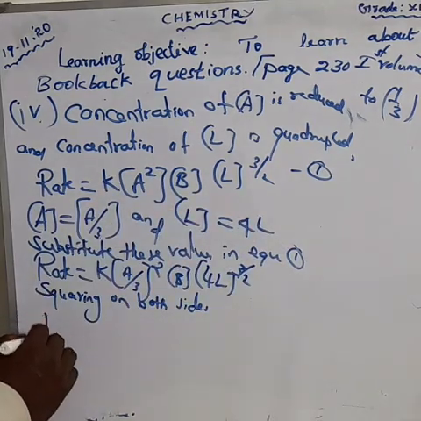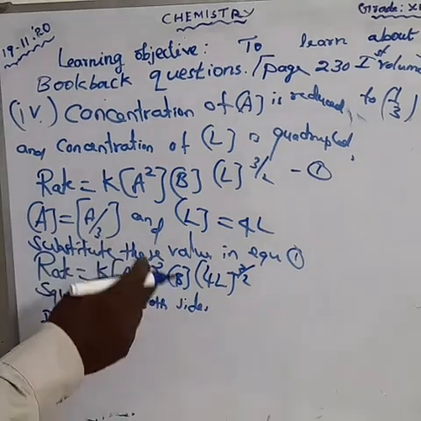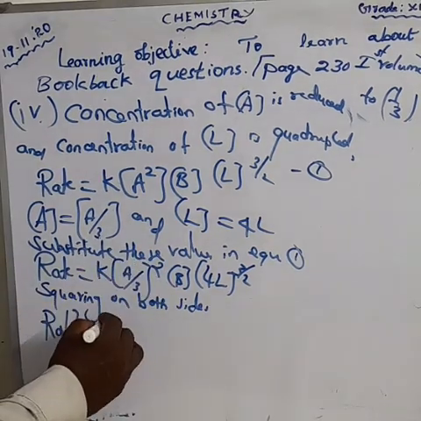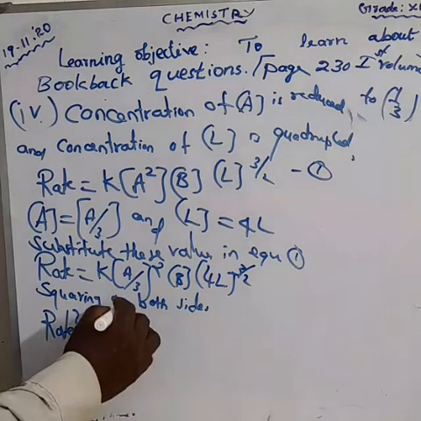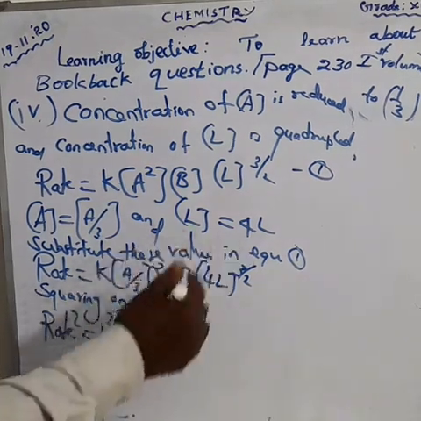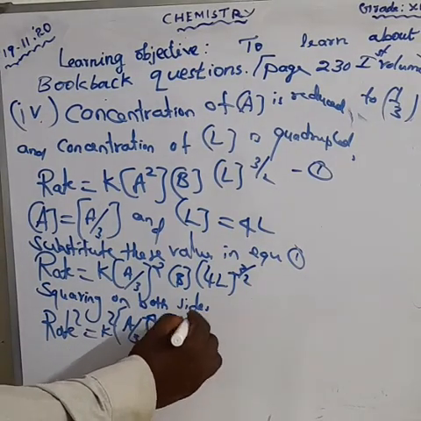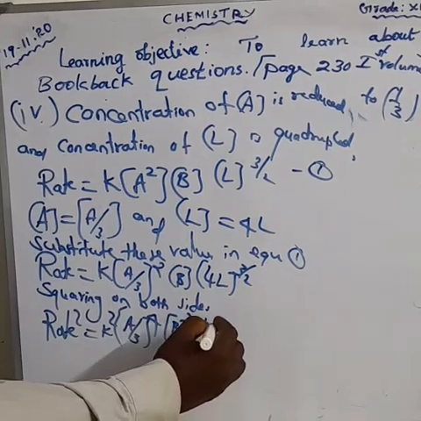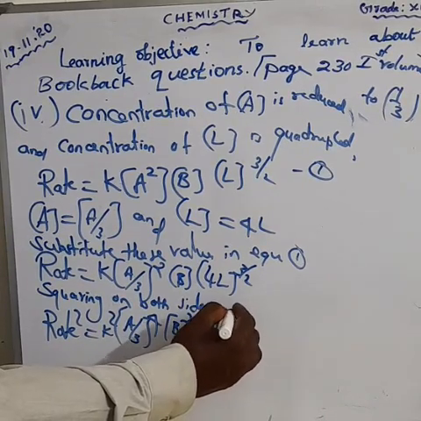Then rate square is equal to K square, A by 3 square means 2 into 2, 4. B, here also square. 4L 3 by 2.